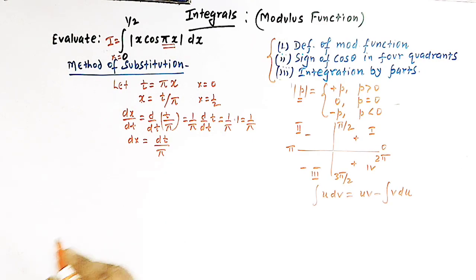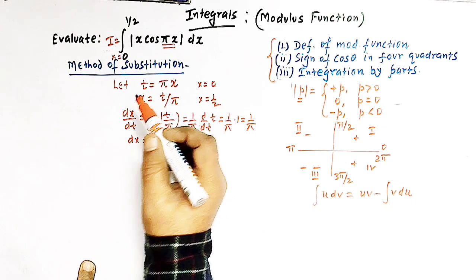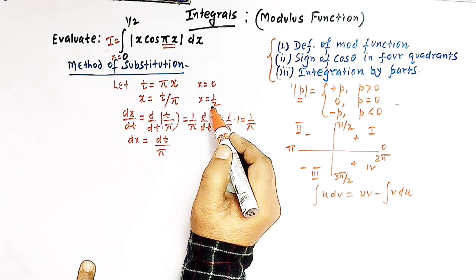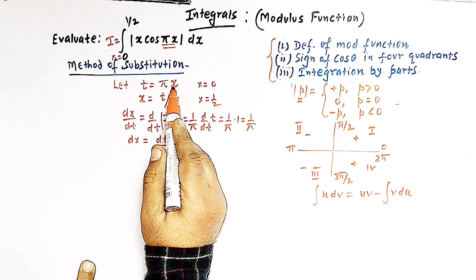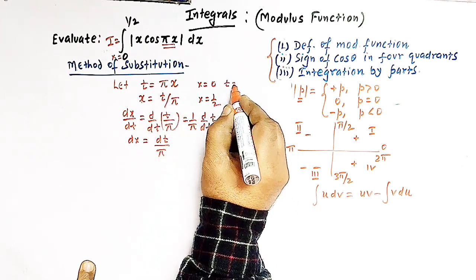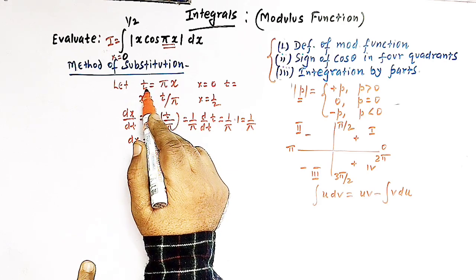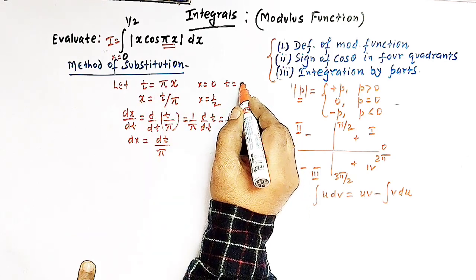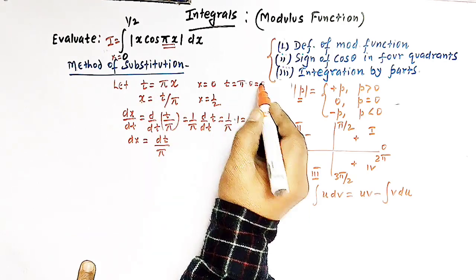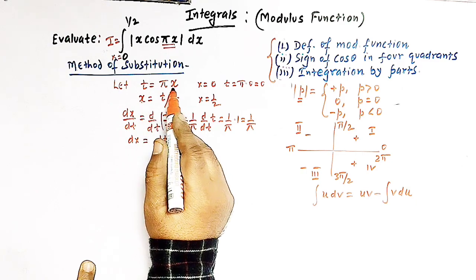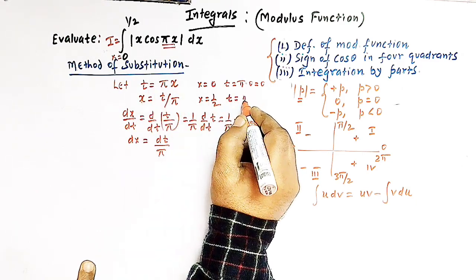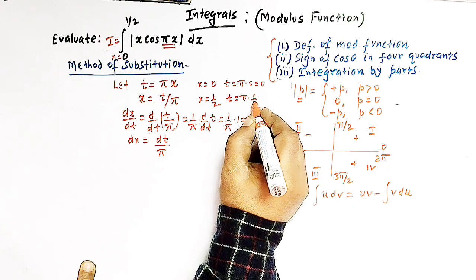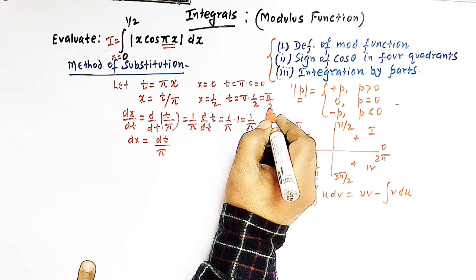So now let us change the limits. See, here x varies from 0 to half. So when x is 0, then the value of t can be calculated from this substitution, t is equal to pi x. So we have pi times 0, that is simply 0. And when x is half, then t is given by pi times half, that is equal to pi over 2.